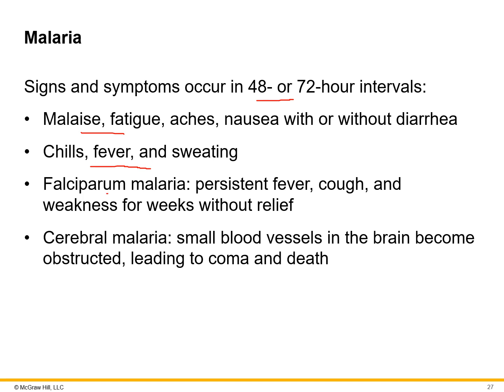We have a couple different types here. Falciparum malaria has a persistent fever, cough, weakness for months without relief. And then we also have cerebral malaria. So this is where the small blood vessels in the brain become obstructed. It can cause coma or even death.